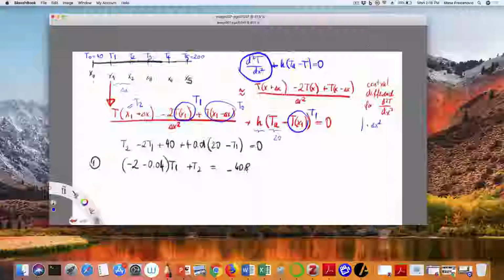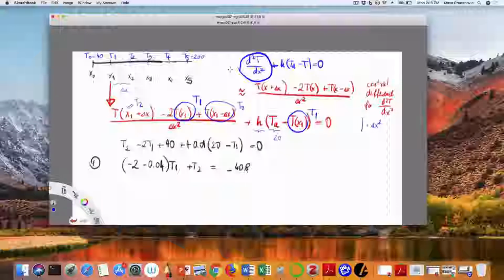And I remind myself that if I'm sitting at point x1, then T of x1 plus delta x is T of x2, which is T2. Okay? So basically then, the difference is T2 minus 2T1 plus T0, divided by delta x squared. So that is my derivative. My mouse is really not following. All right.